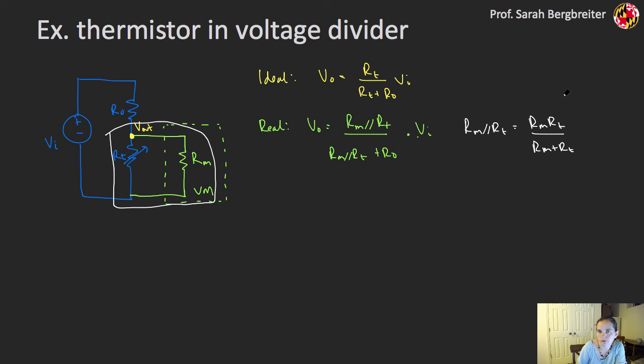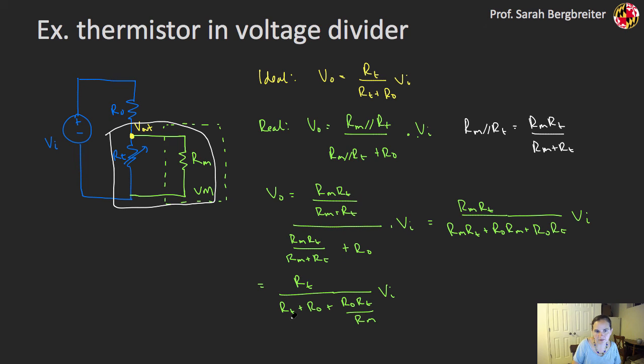And so if I substitute that back in here, that simplifies to this term down here, where I effectively have what I had for the ideal, RT over RT plus R0 times Vin. But then I also have this extra term here in my denominator, this R0 RT divided by Rm. And so what that's telling me is if Rm is very large, then my loading error is going to be very small.